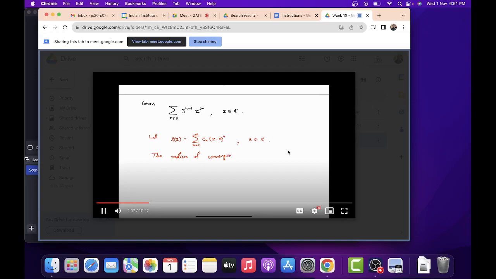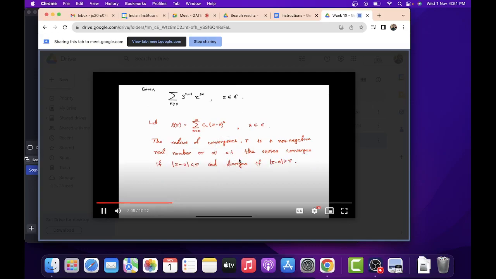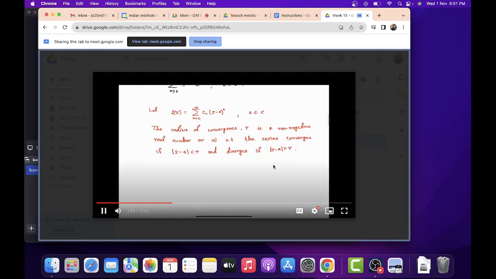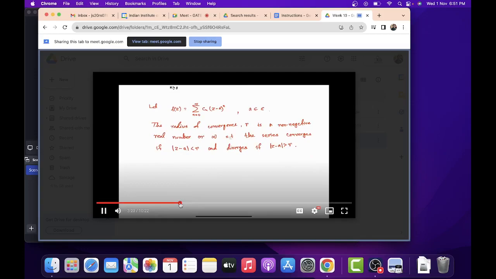The root test for a series says it will converge when the value of the limit is less than 1. So from here we will get this r. Take the modulus and it will become a real series, then just use the root test, and you will get this one.